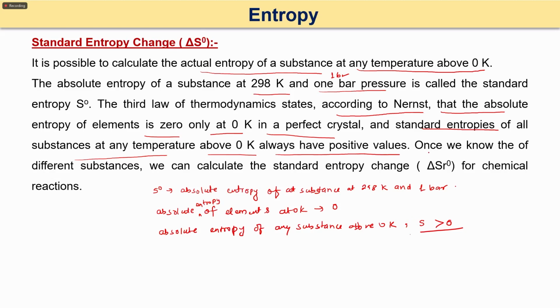So once we know the standard entropy of different substances, then we can calculate the standard entropy change for a chemical reaction, which is denoted by delta S R. So if you know the standard entropy of the elements, then you can calculate the standard entropy change of a reaction.